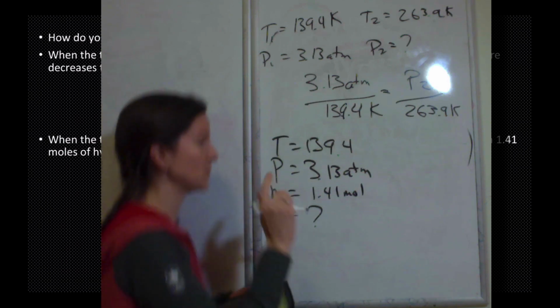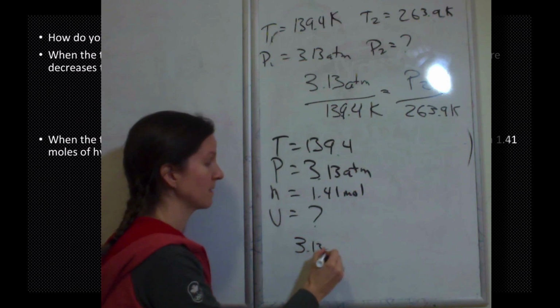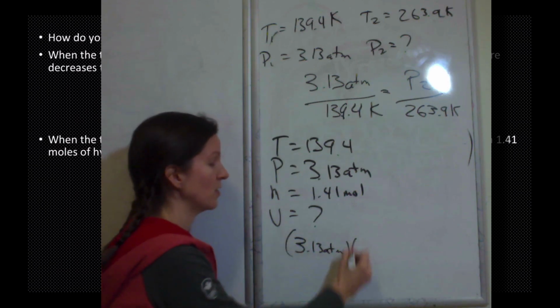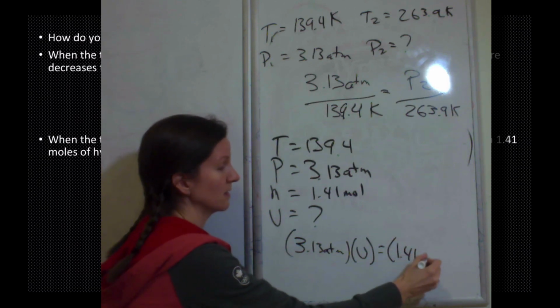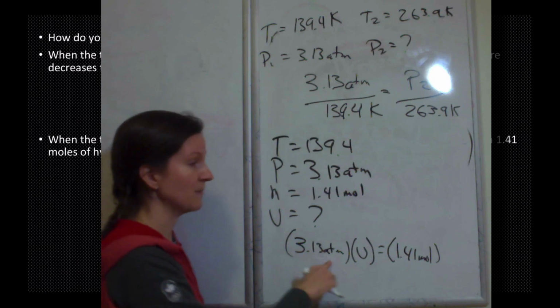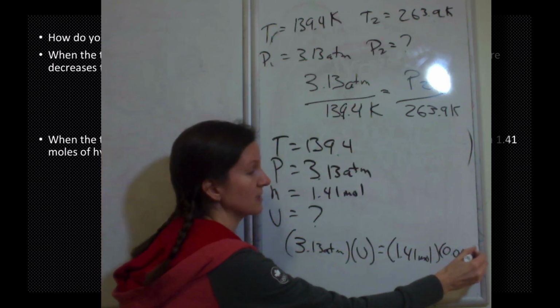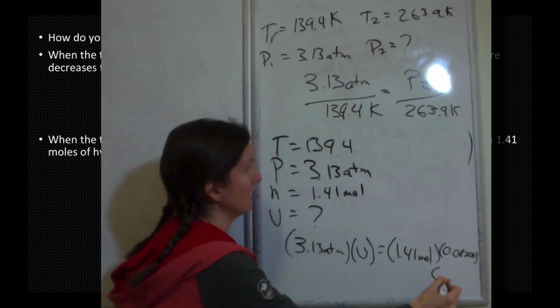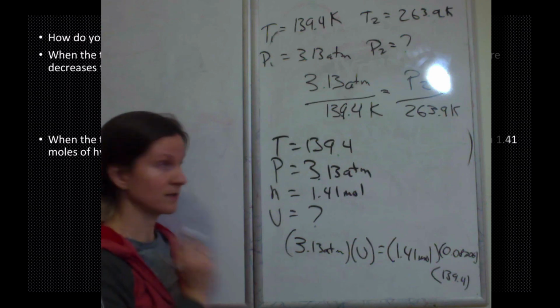It's just a snapshot where then we plug into the equation P times the unknown V is going to equal my n times my R, and I'm going to choose the R based on atm. So I'm going to choose that 0.08206, and then I'm going to multiply that by the T. So PV equals nRT, pivnert.